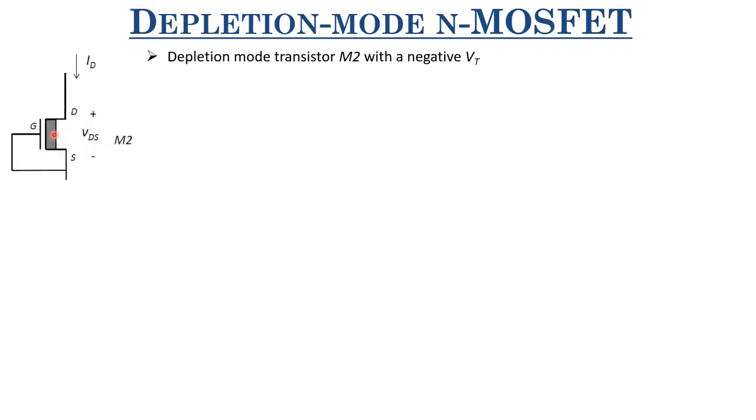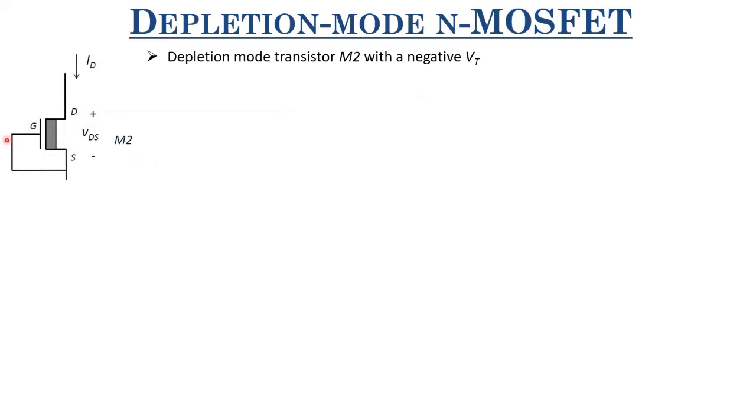So how do we turn off this device? At VGS equals 0 volts, since VGS is greater than VT and VT is negative, you have a channel here between source and drain. So the current flows here. Now, ideally, if the input is 0, we want no current to flow through it. So how do we switch off this MOSFET, or how do we cut off the current between drain and source?